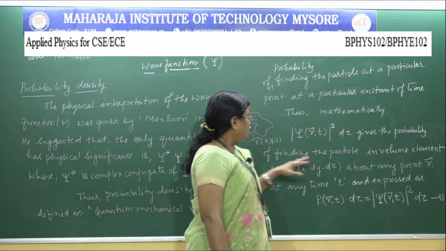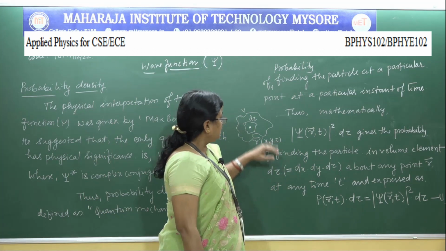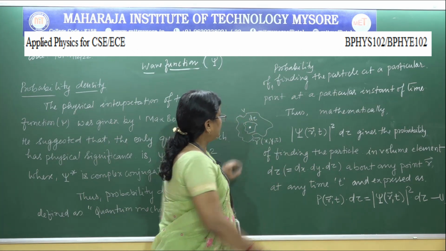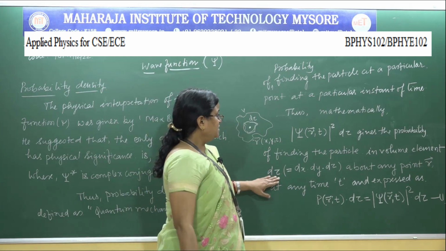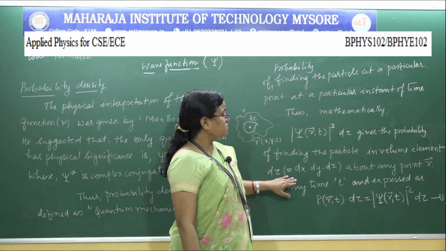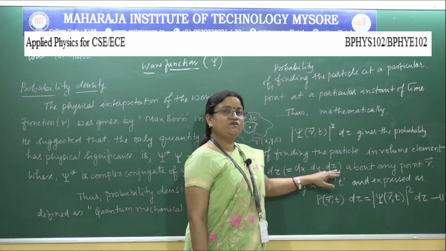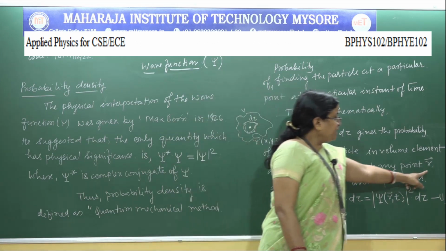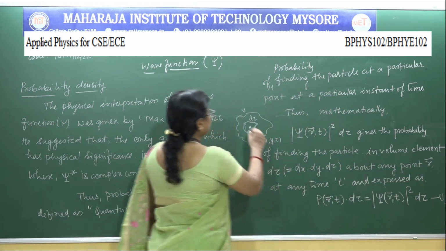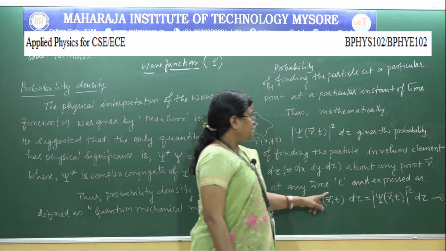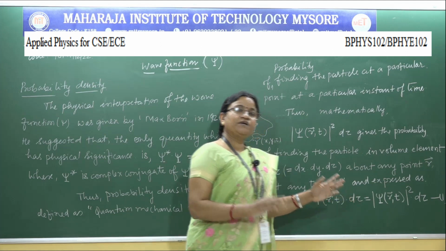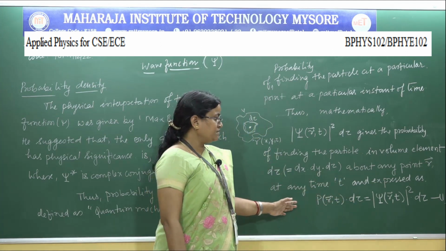That gives the probability of finding the particle in the volume element d tau, where d tau is equal to dx into dy into dz, about any point r, at a particular instant of time t.